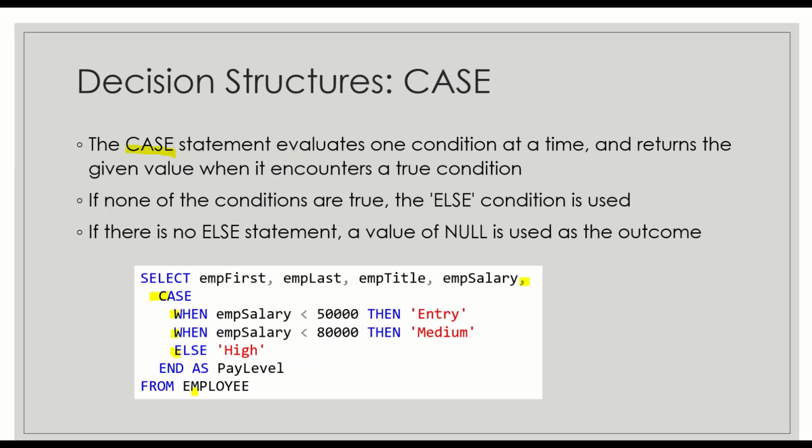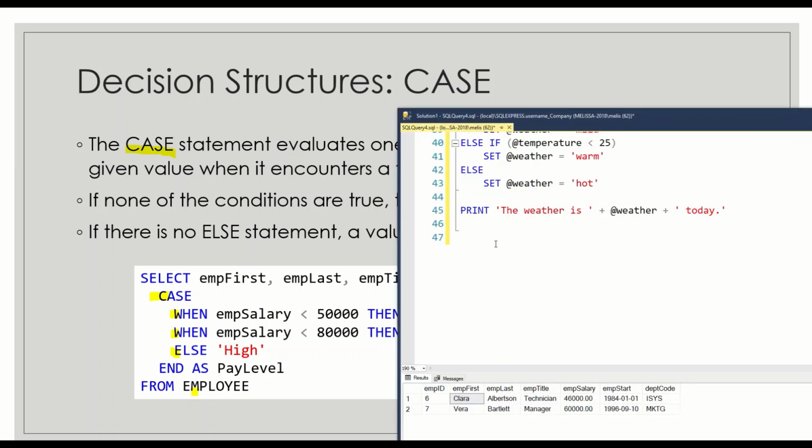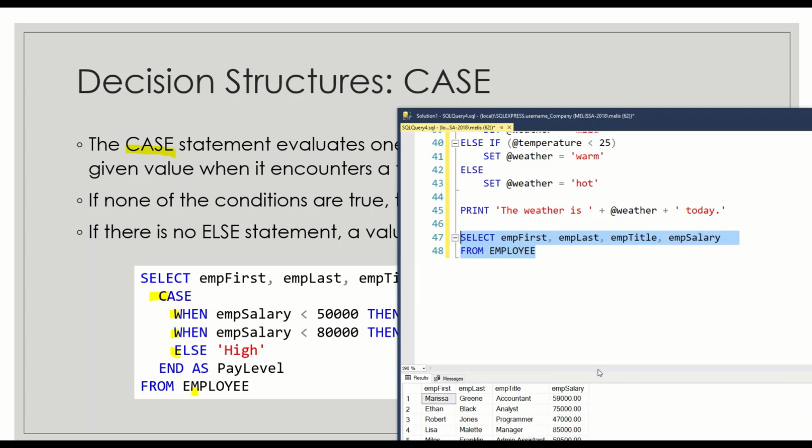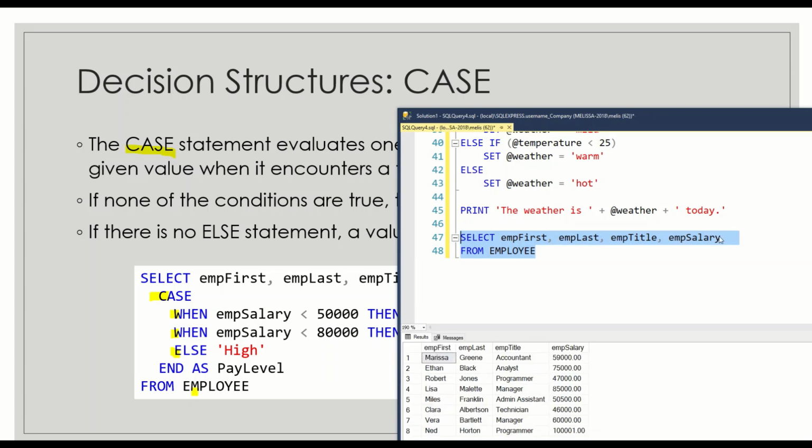Now, before I put this in here, I'm going to start with the typical select statement that doesn't include the case. So we're going to select everything from the employee as a starting point. So here's our employee list.